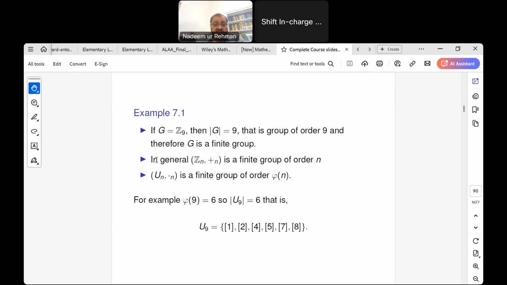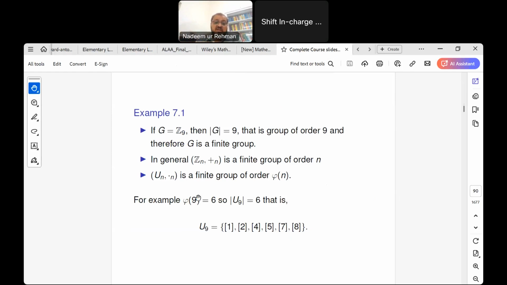Similarly, Un is a finite group, and its order is phi of n, where phi is the Euler function. So phi of 9 is equal to 6. If p is a prime, then phi of p is equal to p minus 1, which is the number of elements and the order of such a group.